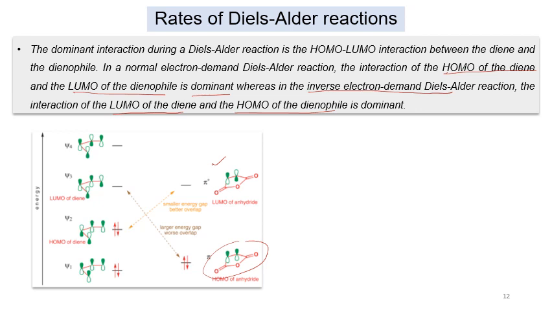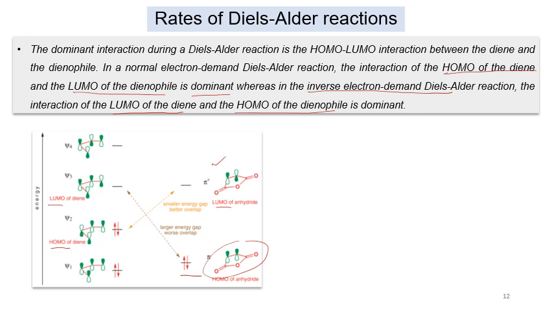According to the frontier orbital overlap, we have to consider the HOMO of the diene and the LUMO of the anhydride, or the LUMO of the diene and the HOMO of the anhydride.